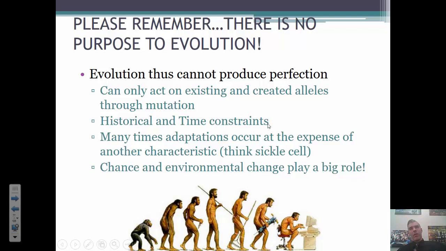It's not a purposeful process. An organism doesn't purposely evolve, because organisms don't evolve, populations do. But populations don't purposely evolve. It's just because of a random mutation, which provides all of this variation, and selecting for individuals that have the mutations that are best able to fit and survive in that environment.